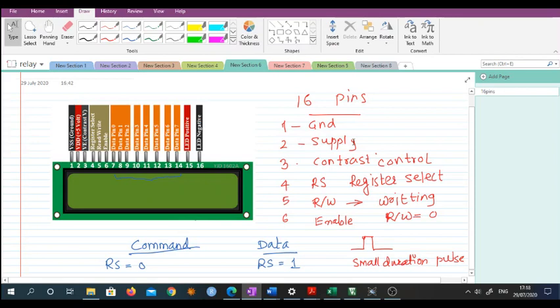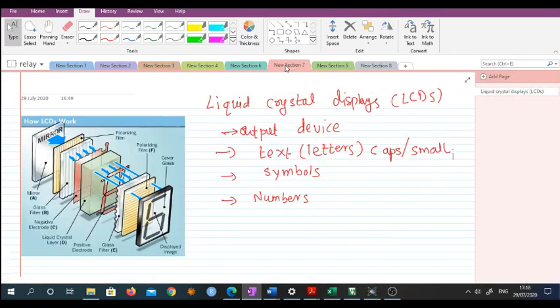So we have looked at the internal architecture of the LCD, how it looks, and why it is called a liquid crystal display, because there are liquid crystals used internally in the display. They are mainly used for displaying text, symbols and numbers, and for graphical displays, for images, graphical LCDs are used.